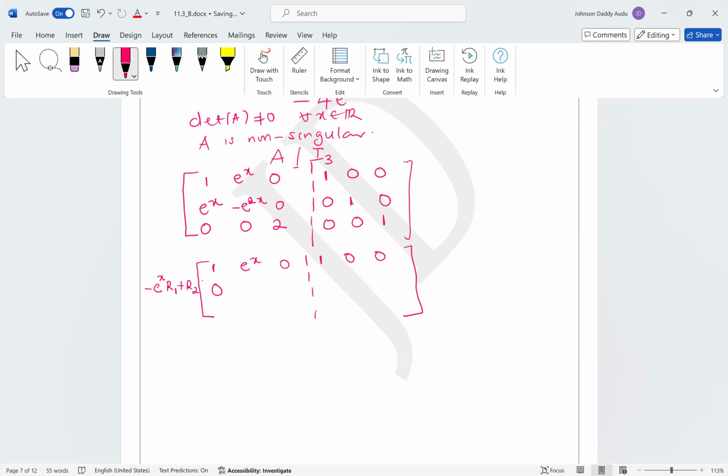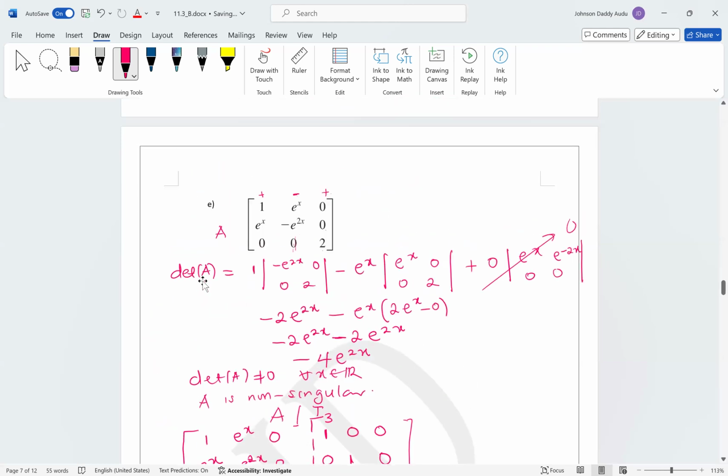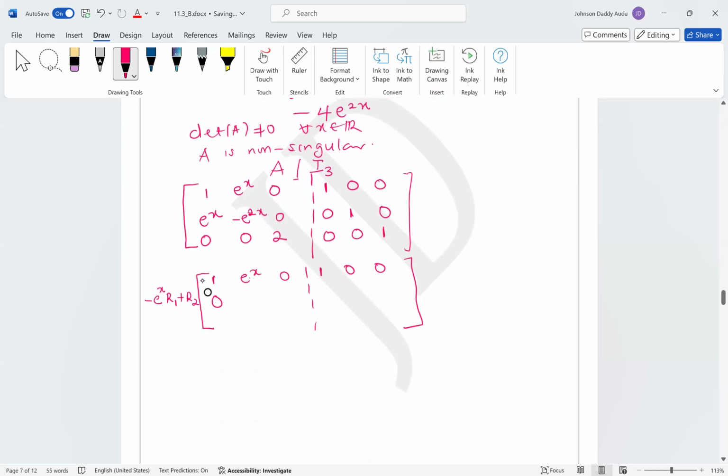And now you have minus e^x. So if you do minus e^x times this, it will give us minus 2e^x, right? Then you add it to this one. Because we have minus e^x, if you multiply minus e^x and e^x, it's going to be minus e^(2x). So minus e^(2x), and there is another minus e^(2x) here.